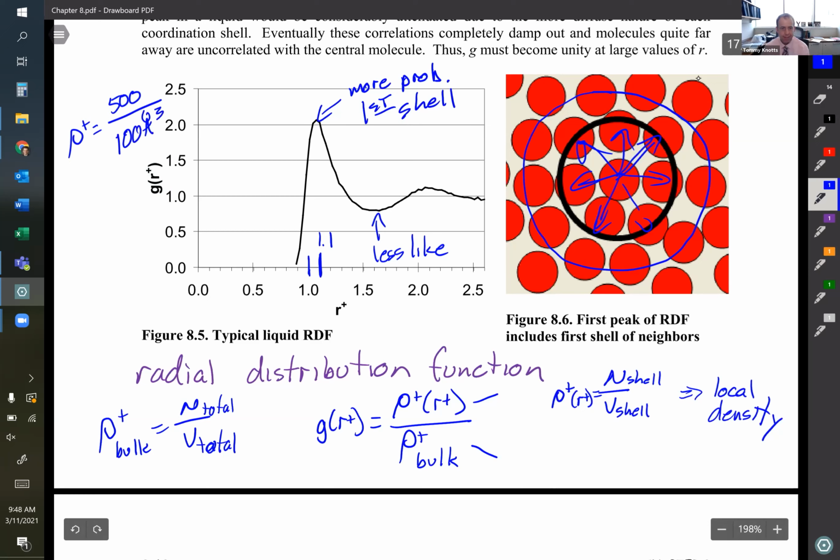Then if I wanted to, I could multiply by Avogadro's number to get what a density would be in real life. Or I could do it per mole, or per mass, or whatever.